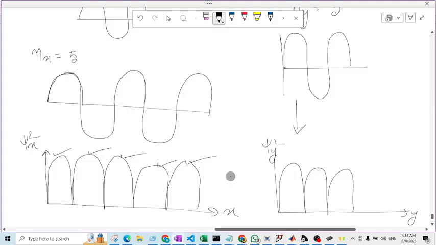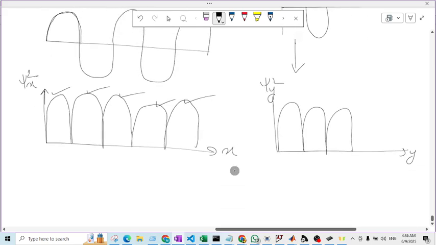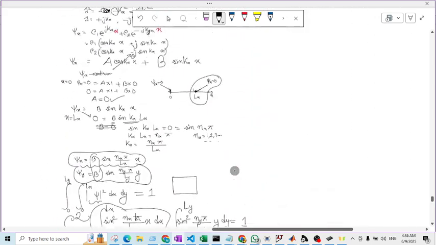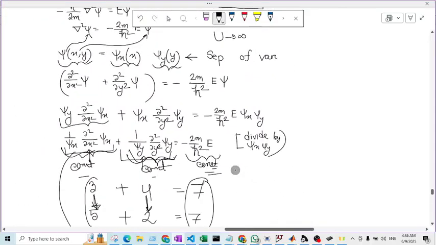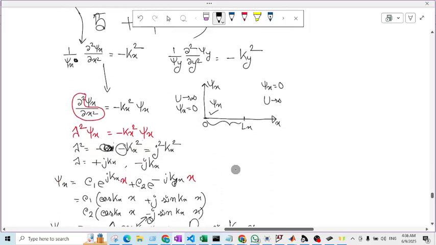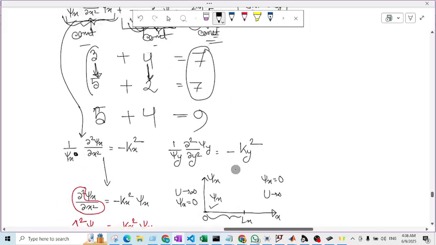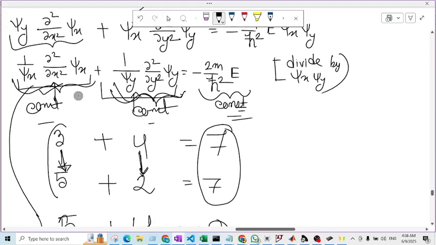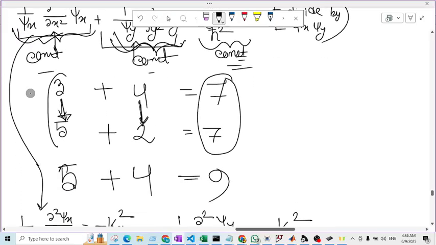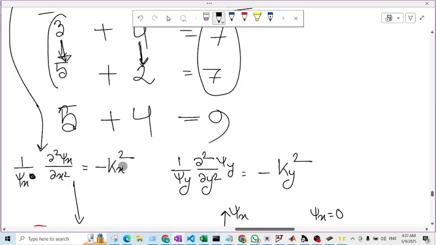This is the result from the Schrodinger equation. And one thing remains, that we have an energy equation here. If you can remember, we took the first term equal to minus kx square, right?